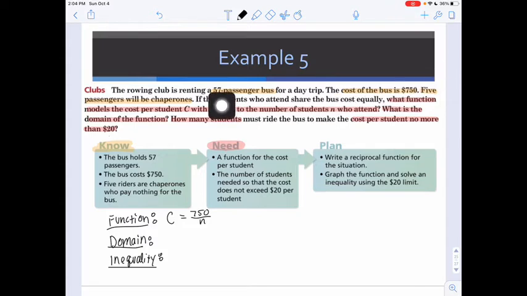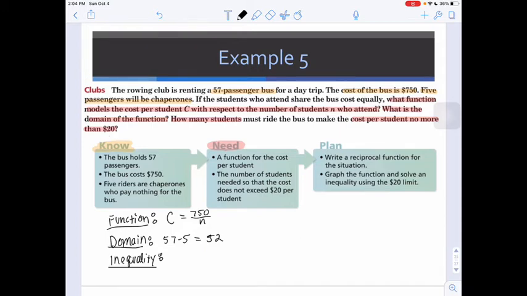Next, we want to look at the domain. Remember, the bus can only hold 57 passengers, but 5 of those are not going to be students, they will be chaperones. So if we consider 57 minus 5, that gives us a maximum of 52 students. Now, that's not the domain. You can't just say 52. We have to state what possible values we could have. Now, we know we can have 52 or less students on the bus.